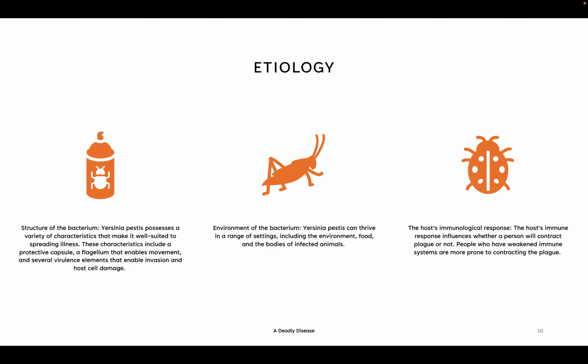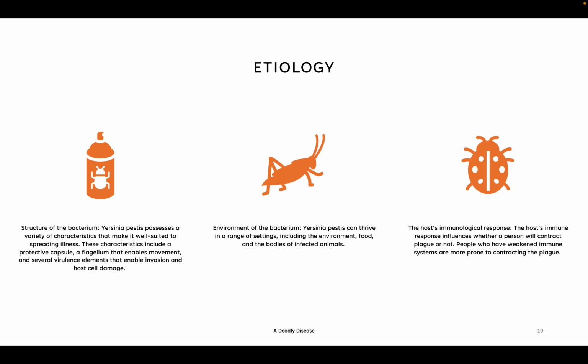A little bit on the etiology of this bacteria. It uses a flagellum to move around the body and from cell to cell, and then uses a type 3 secretion system to move those proteins from the bacteria to the cell. With that, it's also able to thrive in a vast range of environments, including food left out, and especially host animals and humans.